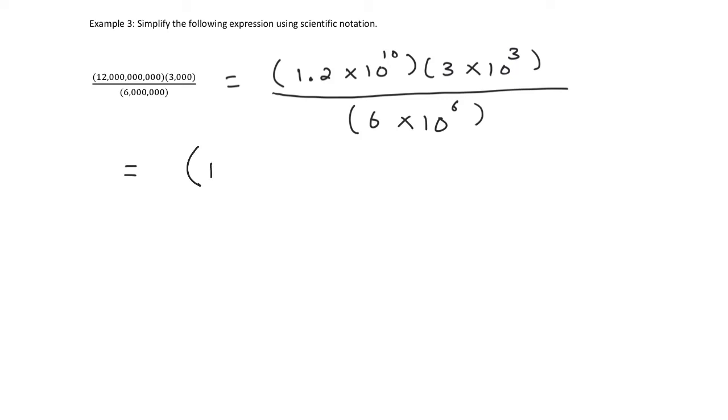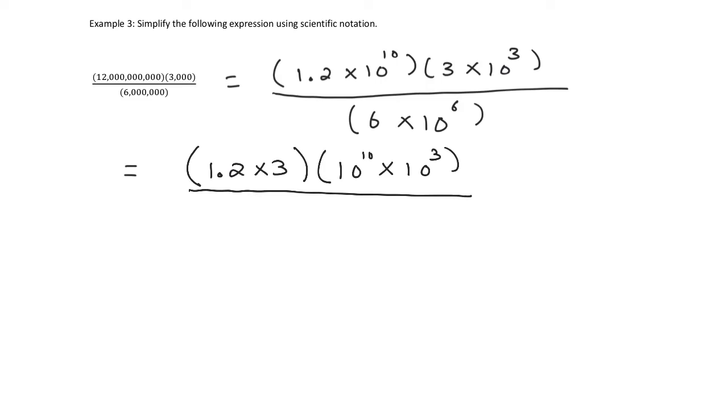So I have 1.2 times 3, and then I have 10 to the 10th times 10 to the power of 3. This is being divided by 6 over here, and then 10 to the power of 6 here. So I'm comparing the numbers and then the powers of 10.